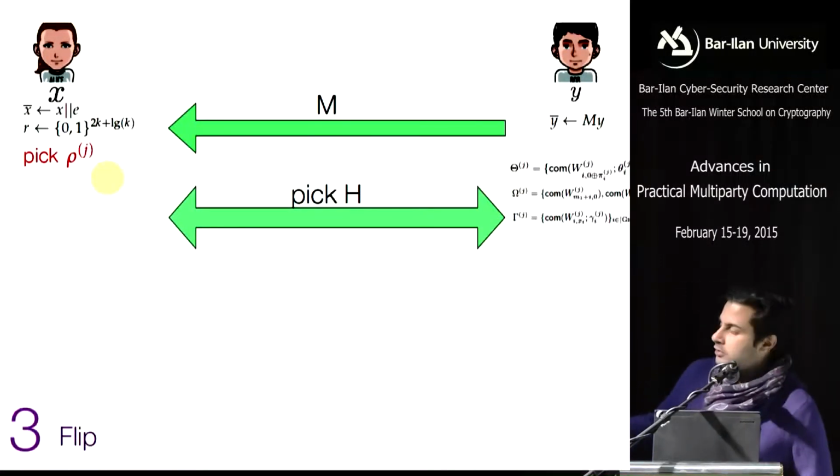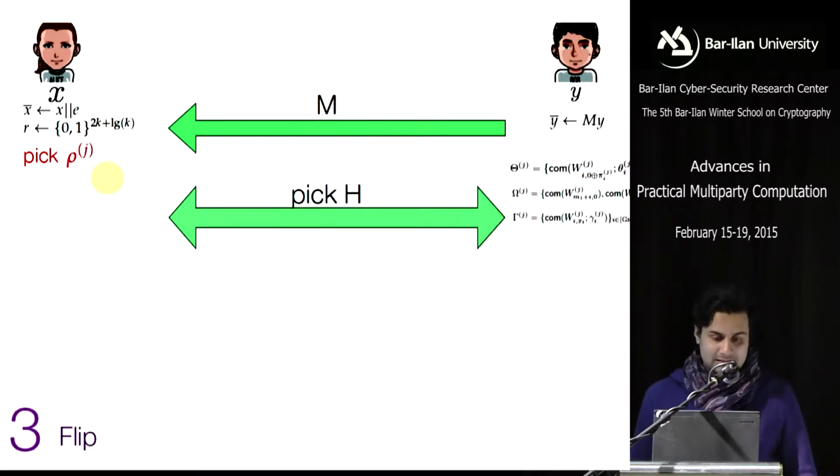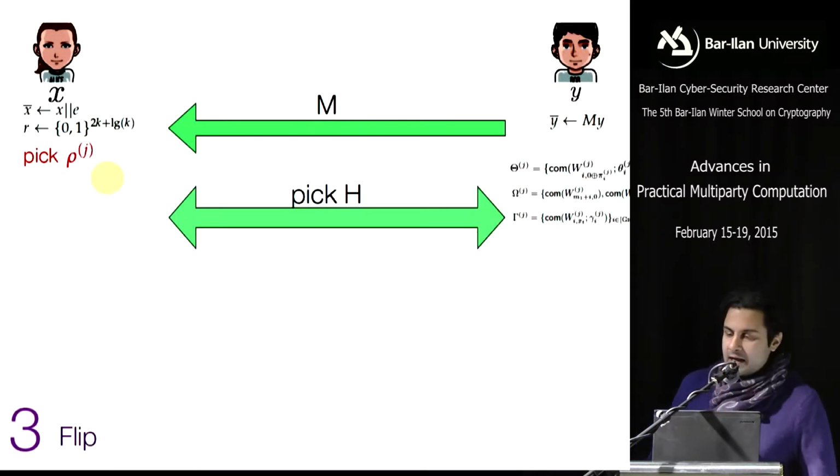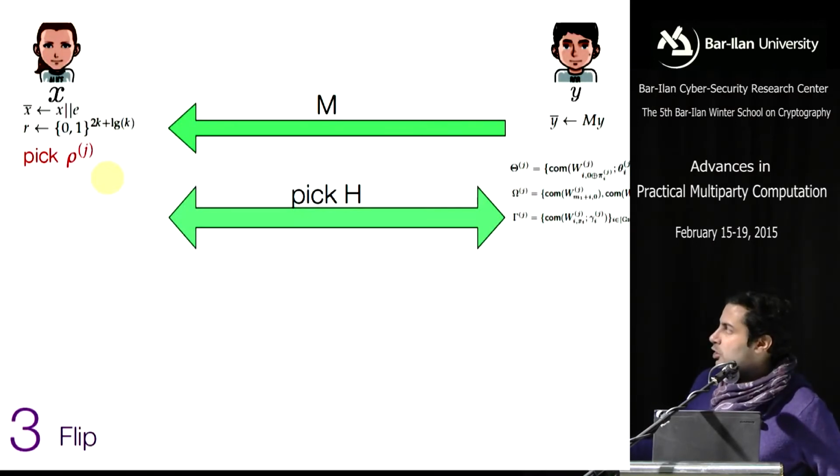So, as before, we're going to write on this side all of the values that Bob collects during the protocol. Bob will then select the matrix M, the one he uses to decode, and send it over. Alice is going to have to incorporate this into the circuit that's used.